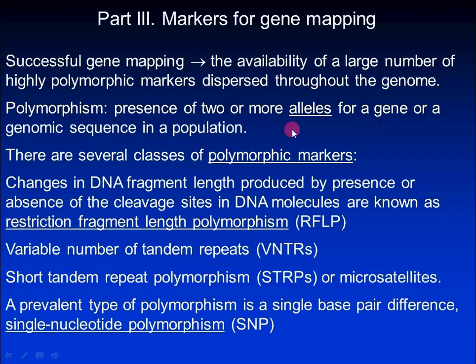We have covered this before in the mutation lecture. There are several classes of polymorphic markers. They include restriction fragment length polymorphism, variable number of tandem repeats, short tandem repeat polymorphism, and single nucleotide polymorphism.